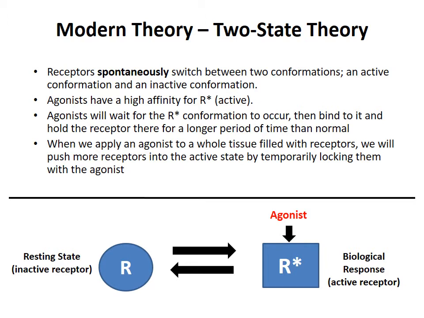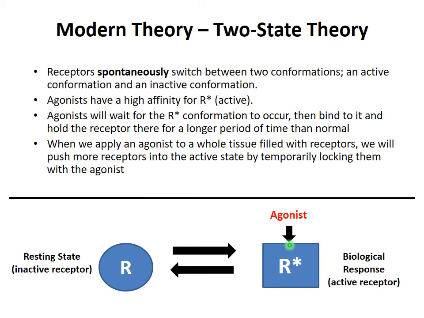So as you know, every drug has to have a complementary shape in the receptor binding pocket in order to have affinity. So what they're proposing is that once the receptor is active, it has a particular conformation that has higher affinity for the agonist. So the agonist will bind and lock it into that active conformation.